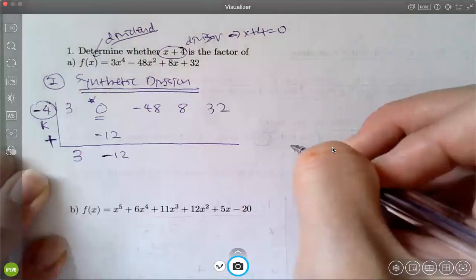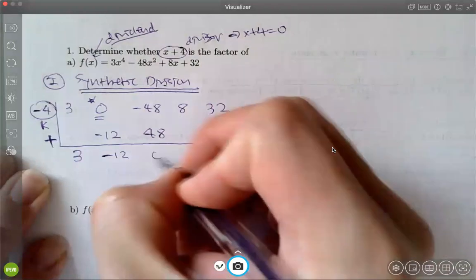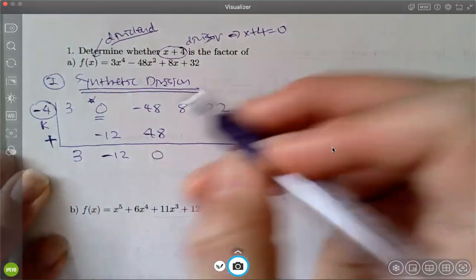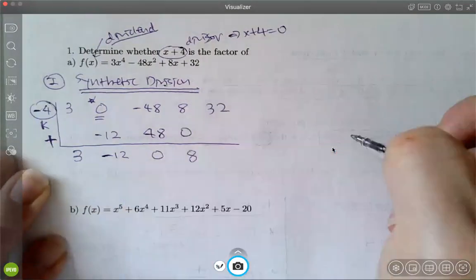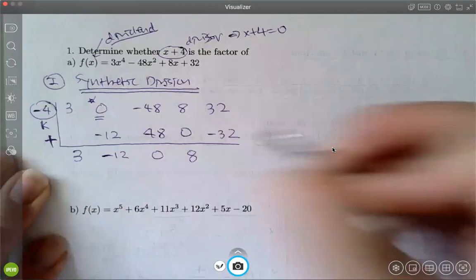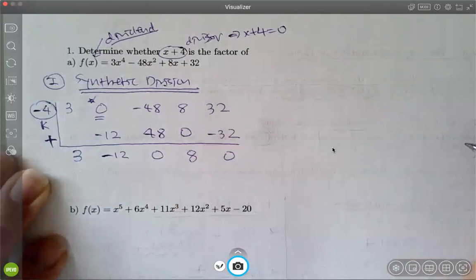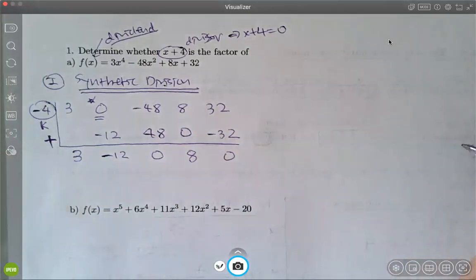And then that times that, so that's +48. Then we add -48 with +48, so we get 0. And then multiplication, that's 0, addition 8, and then multiplication once again, -32, and then addition, we get 0. So that is the end of the synthetic division.